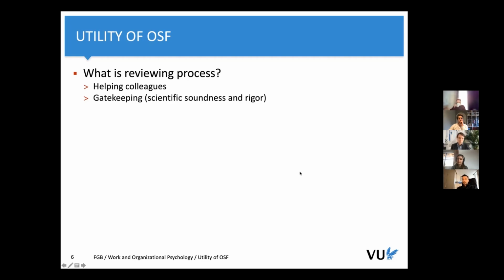It's also to some extent gatekeeping, but only in terms of focusing on scientific soundness and rigor. So when I review papers, for instance, I do not pay attention to whether results are significant or not. To me, it's more important whether a specific paper is scientifically sound and there was enough rigor in conducting the study, validating the data, and analyzing it.